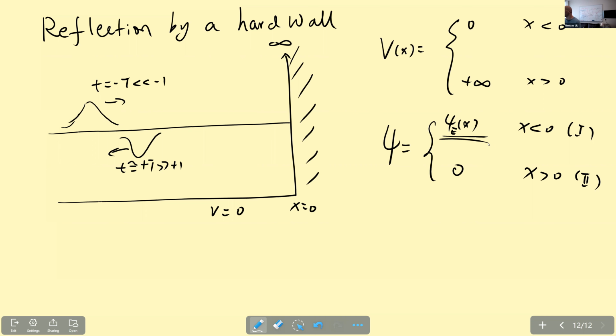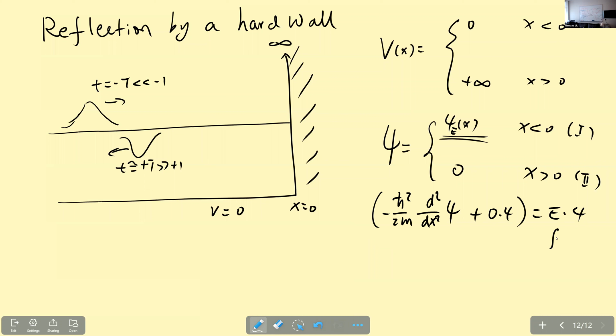On the left-hand side, it's just a free particle, right? The differential equation is very simple. It's minus ħ squared over 2m, d squared over dx squared of ψ, plus V, which is 0, times ψ, equals E times ψ, for x less than 0.